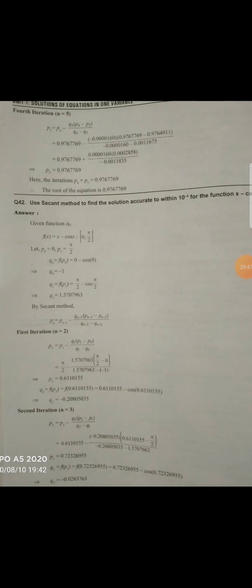Here the iterations P4 is equal to P5 is equal to 0.9767769. Therefore, the root of the equation is 0.9767769.